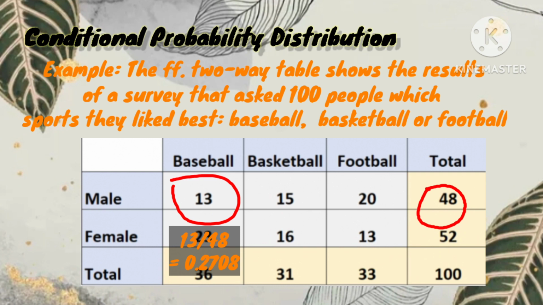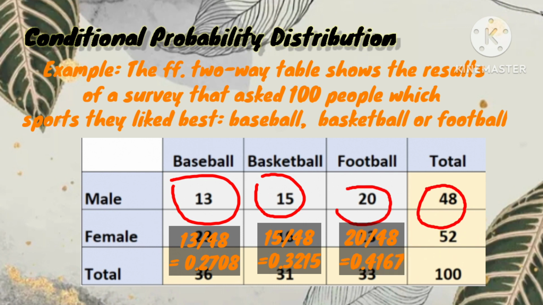In basketball, we have the same process as in baseball. So in basketball, we have 15 divided by 48, which is equal to 0.3125. In football, 20 divided by 48 is equal to 0.4167.